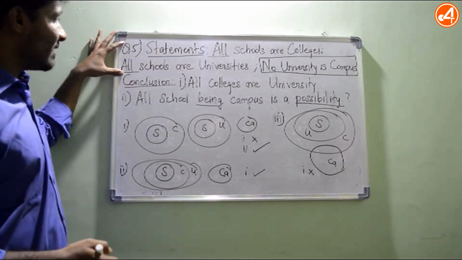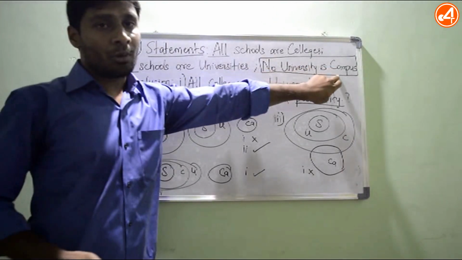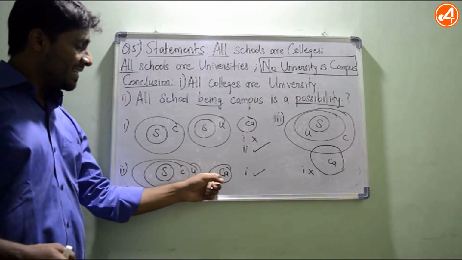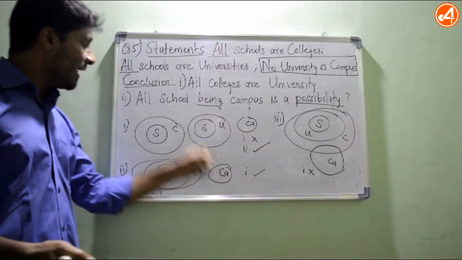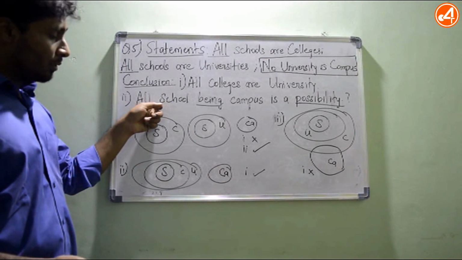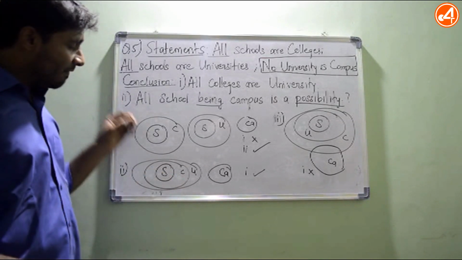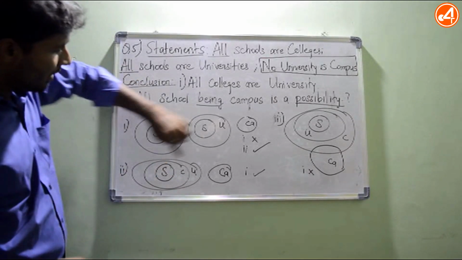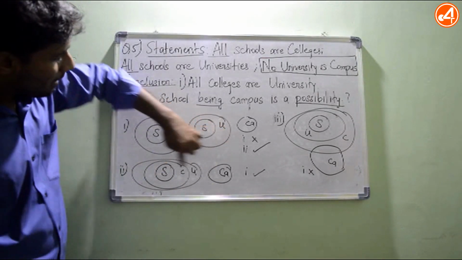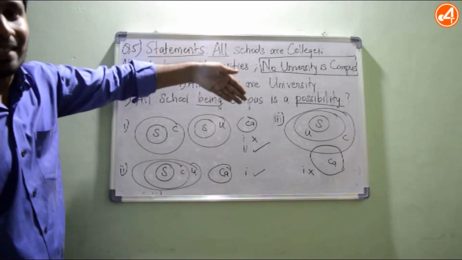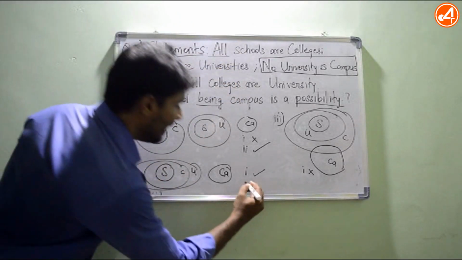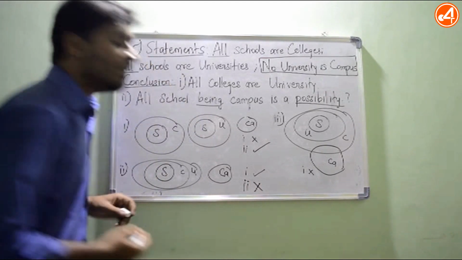The question states that university and campus has no relations, so this U and CA has no relations at all. But if I go for all schools being a campus is a possibility. Got it? If I just mingle this school and campus, again the campus will come under college, again college is coming under university, right? So in this case, it cannot be true, so it is false in the second diagram.